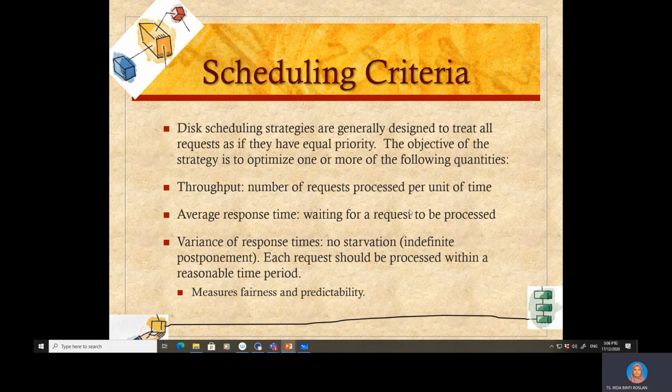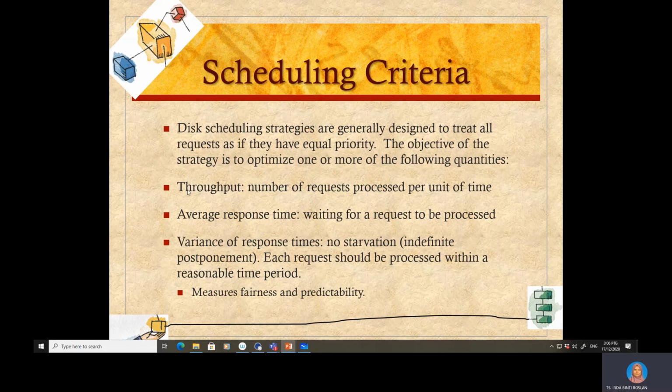Before I explain these scheduling algorithms, we must first know the scheduling criteria. What are the things that we look into for a scheduling algorithm? These scheduling strategies are generally designed to treat all requests as if they have equal priority. So the objective of the strategy is to optimize one or more of the following quantities.